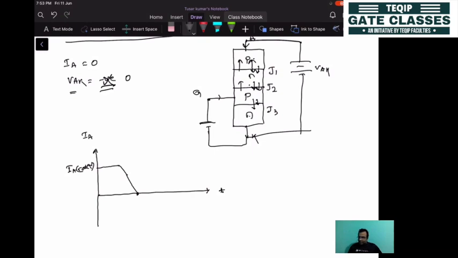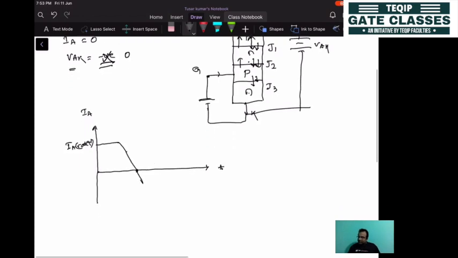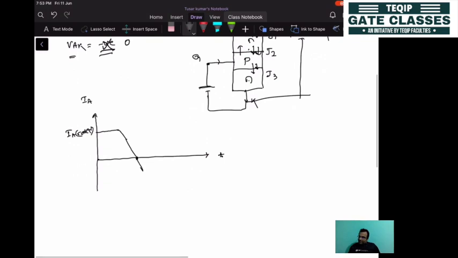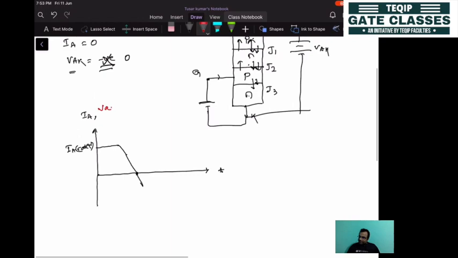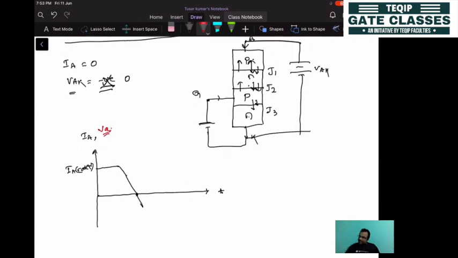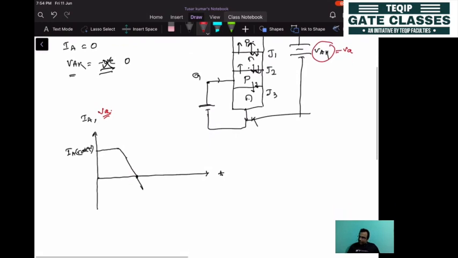Then for a certain duration, because you are applying the voltage in the reverse direction, let's say here we present VA. When the device is conducting, VA is nothing but the voltage across the device, anode to cathode. That will be the minimum voltage drop if it is not ideal.